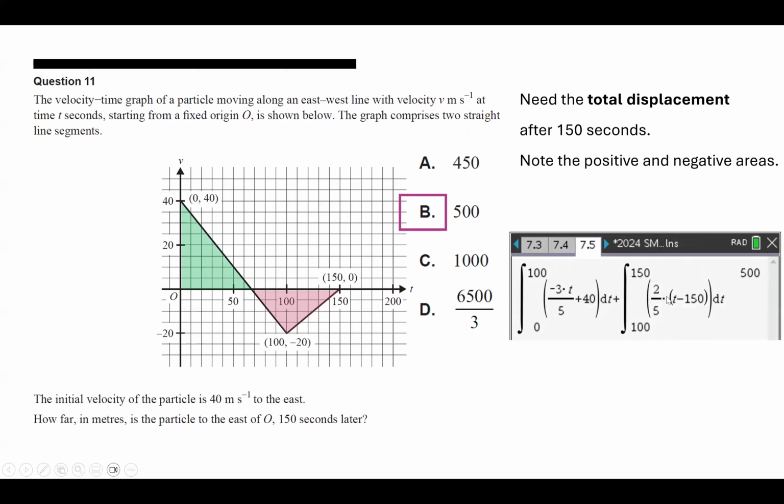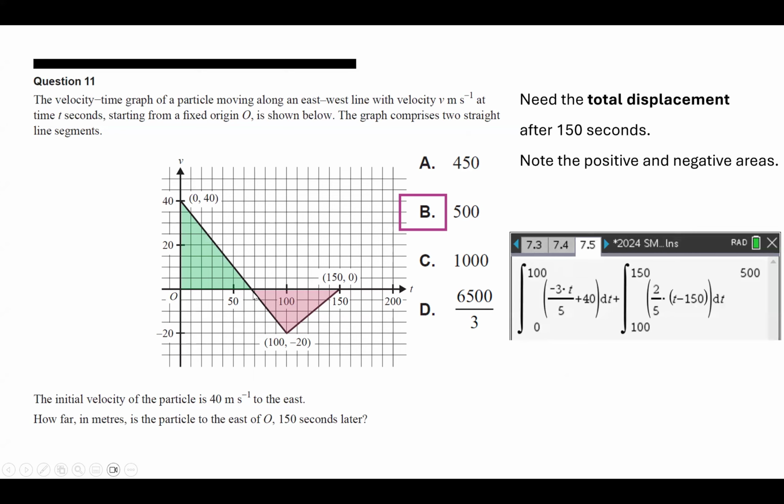What the CAS screenshot here shows me is, from 0 to 100, it's indicating the line with a negative slope. You can use these 2 points to find minus 3t over 5 plus 40. And it gives you the total signed area from 0 to 100.